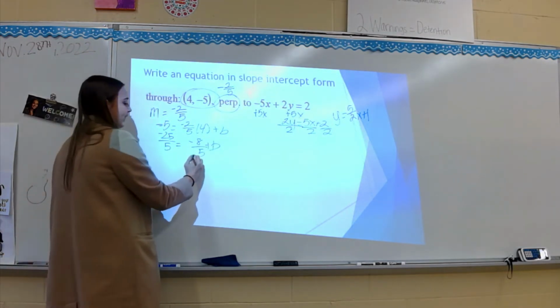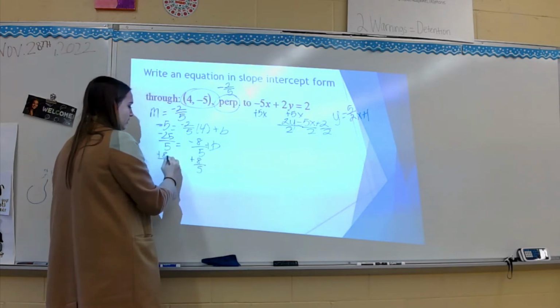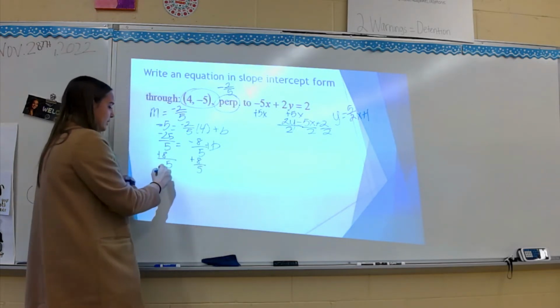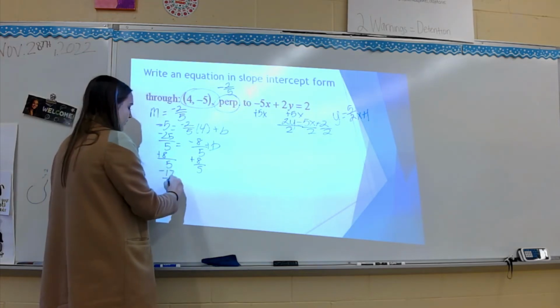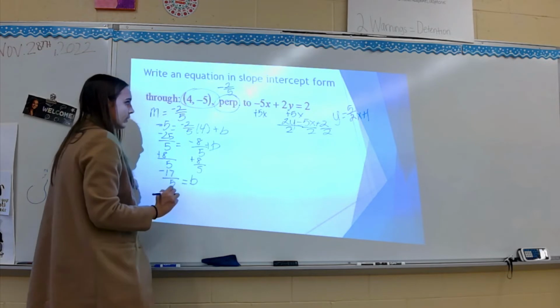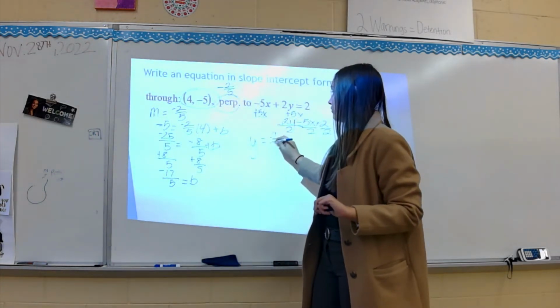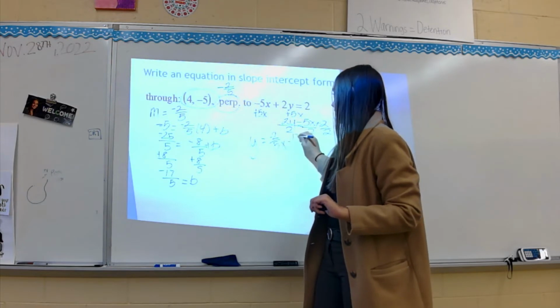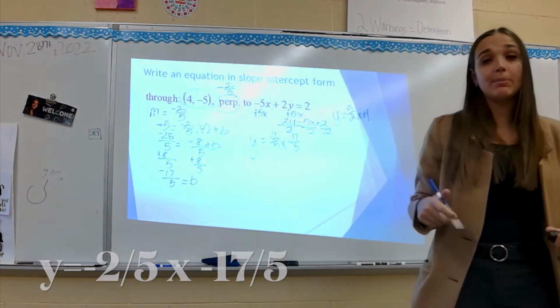Now we're going to add 8/5 over. And we get negative 17/5 equals our b. And we can write that as y equals negative 2/5 x minus 17/5. They didn't ask you to put into standard form, so we can just stop here.